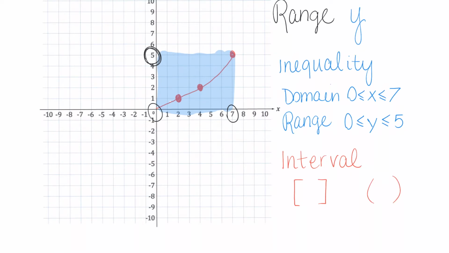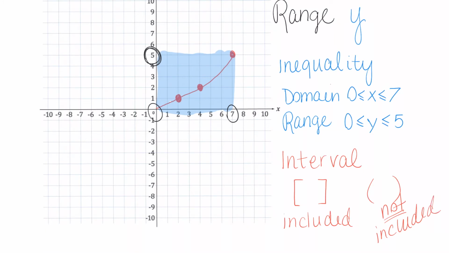And they each represent something different. The square bracket represents numbers that are included. So similar to an inequality, when we had greater than or equal to, if it's equal to, then it is included. The rounded brackets mean the number is not included.